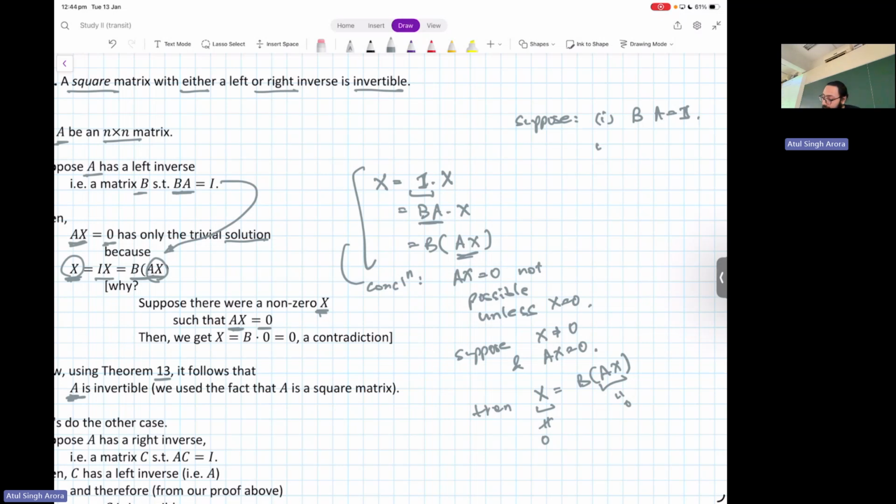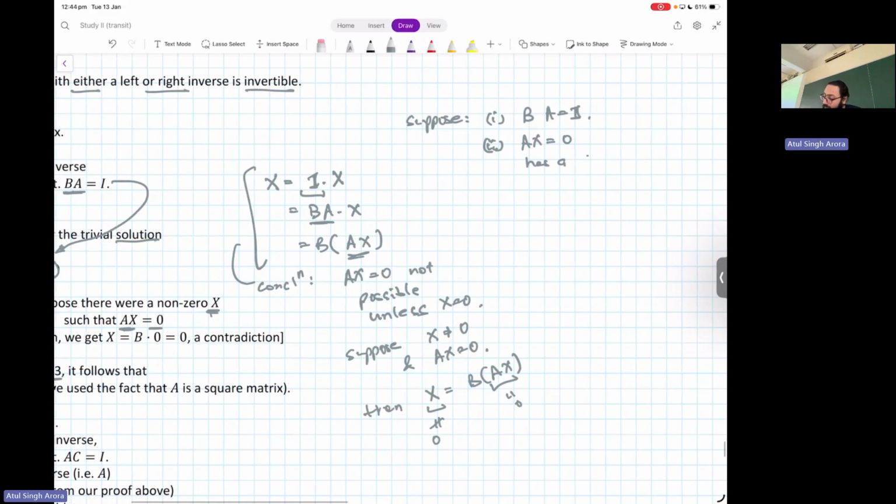And the second thing we're going to assume is that Ax equal to 0 has a non-trivial solution. We'll show that this will contradict. So that's the strategy we're going to follow.